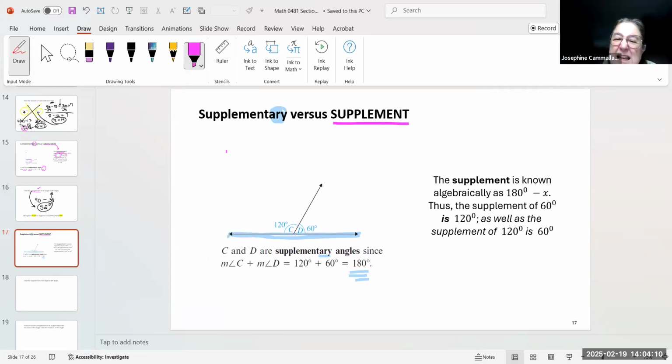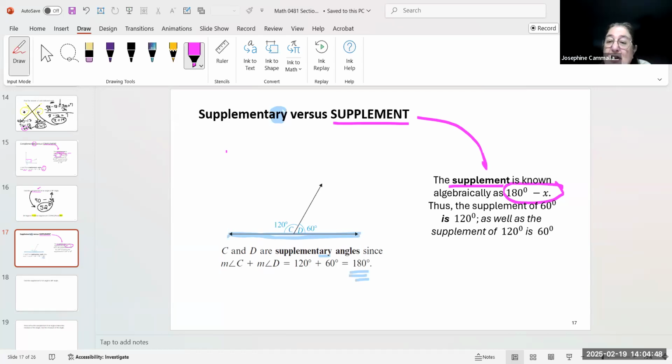Supplement. Okay, this is the phrase you have to know. A supplement is going to give you an angle and ask you to subtract it from 180. That's what the word supplement means. So if I give you an angle of 60 degrees and I want the supplement, I take 180 and I just subtract 60.